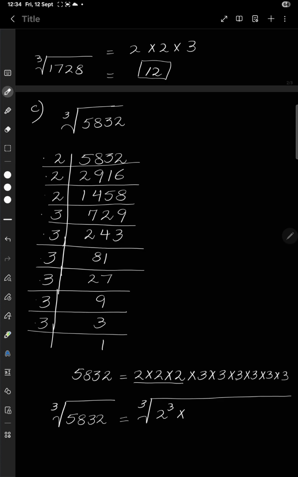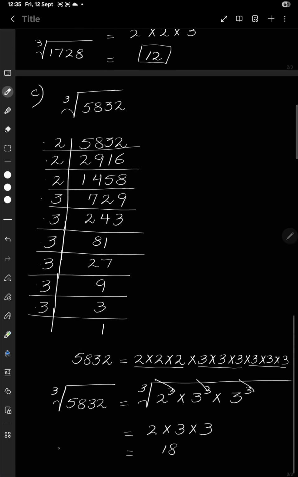These 3 will make a 3 cube, and these 3 3's will make another 3 cube, and the cube root will eat all the cubes, and we will have 2 and 3 and 3. 2 3s are 6 and 6 3s are 18. So our answer will be 18.